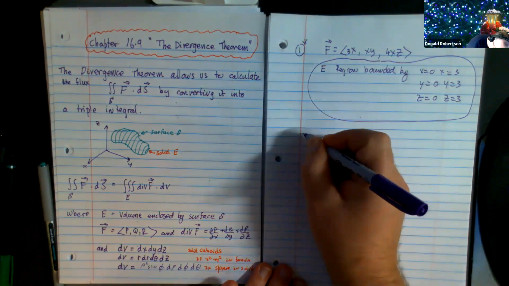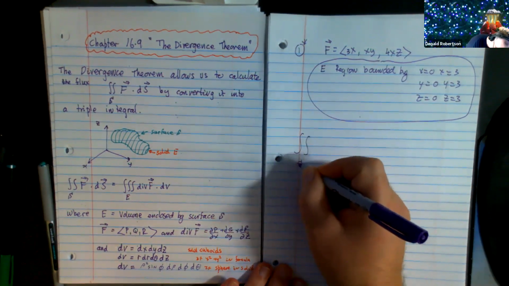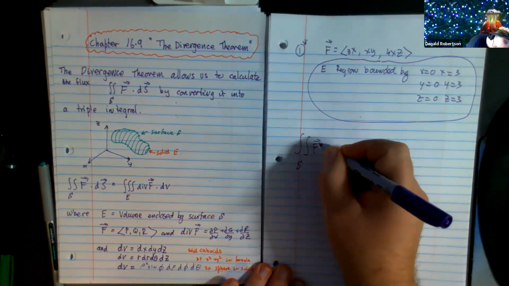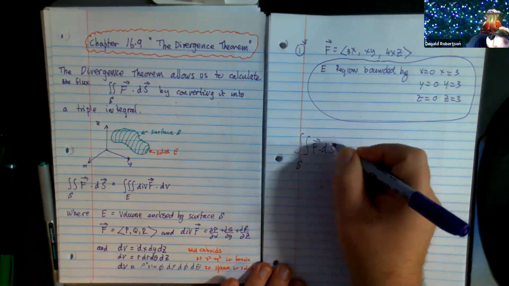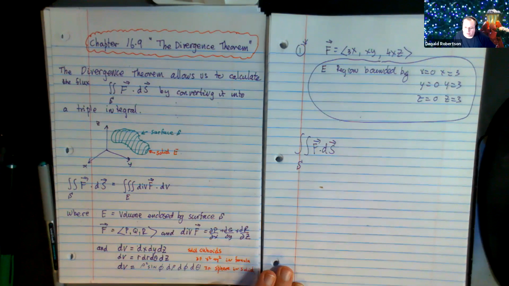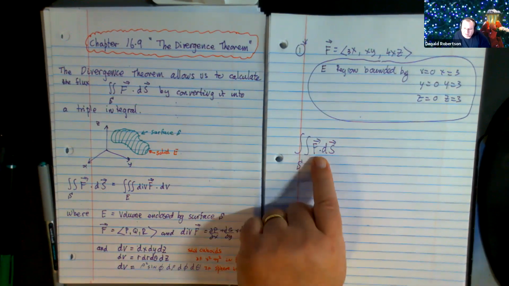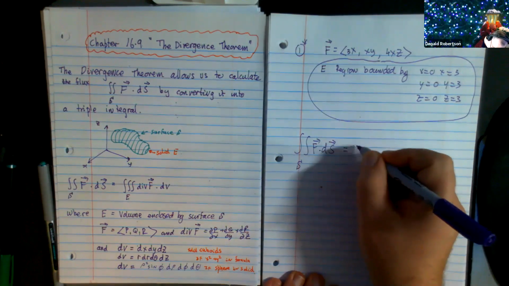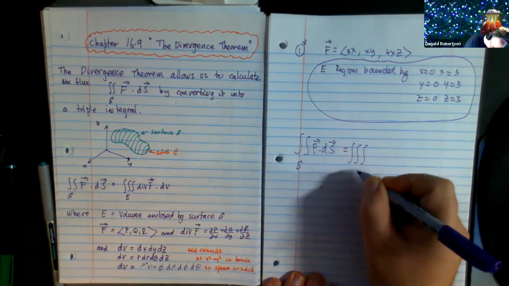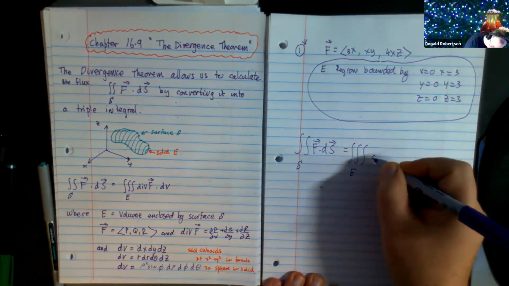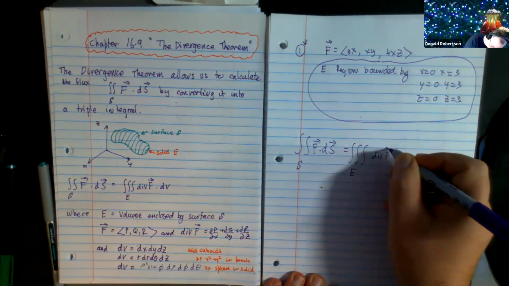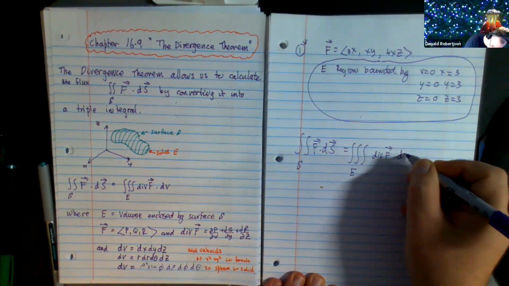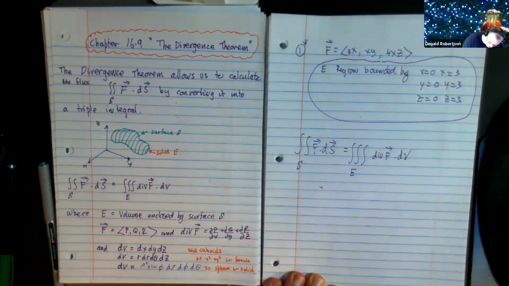So we're being asked to find the flux, this surface integral. And that's what the divergence theorem allows us to do: find an easier way of calculating this guy. It's the triple integral over the region E of the divergence dV.